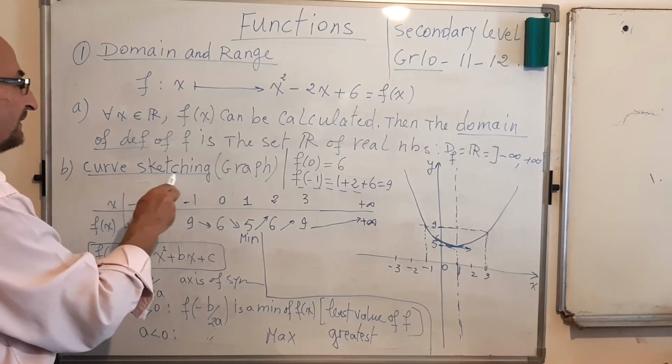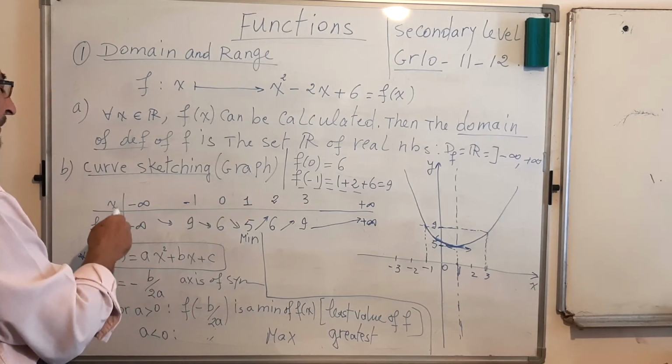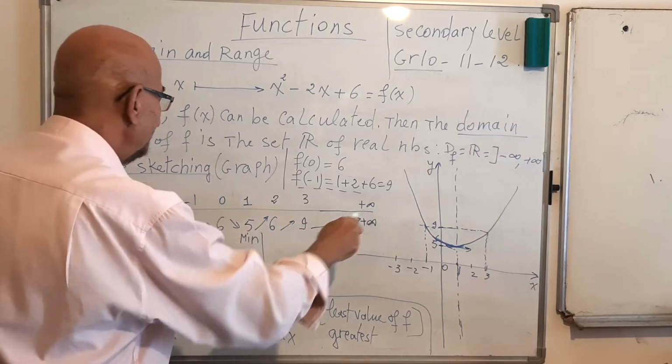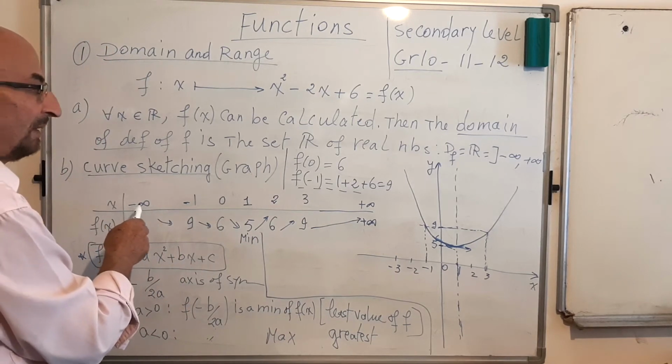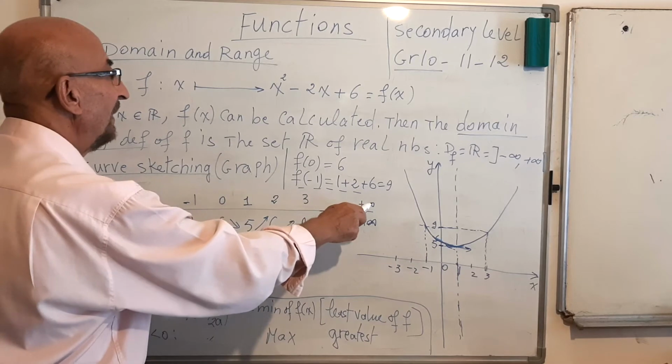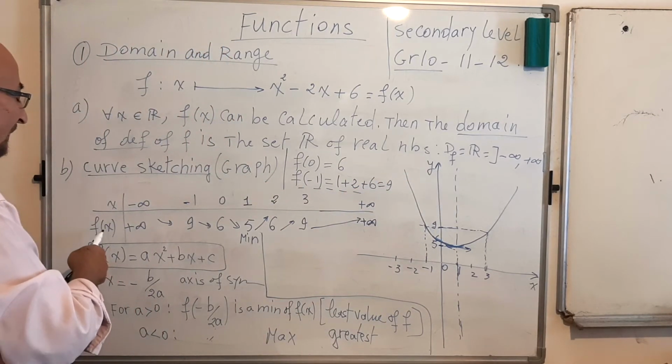B. Curve sketching, graph. We make a table: x between minus infinity and plus infinity, the domain of definition.